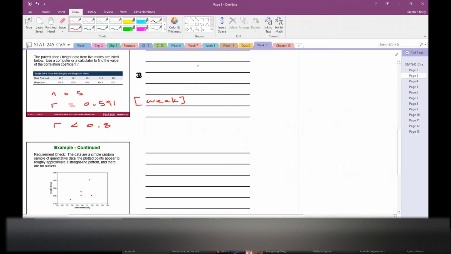But in order to figure out if it's significant or not, you do a hypothesis test. Hypothesis testing in general allows you to figure out significant results versus non-significant results, right?